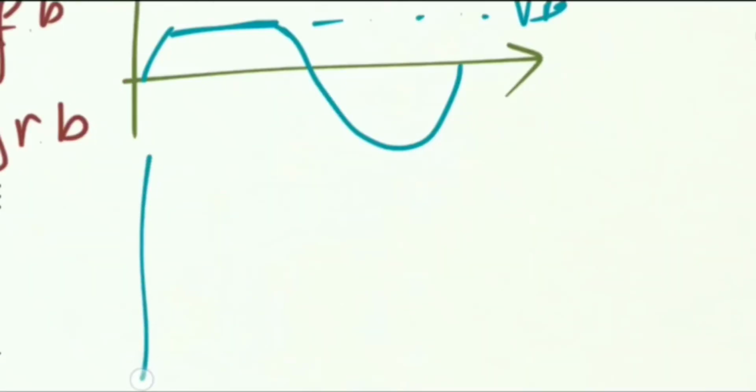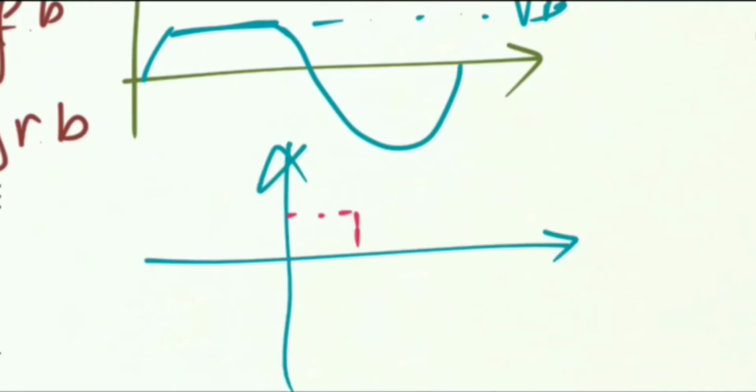Now let us see the transfer characteristics also. This is Vb. For Vin greater than Vb, that is this side, it is Vb, and for Vin less than Vb, that is this side, it follows Vin. So this is the transfer characteristics for this case.